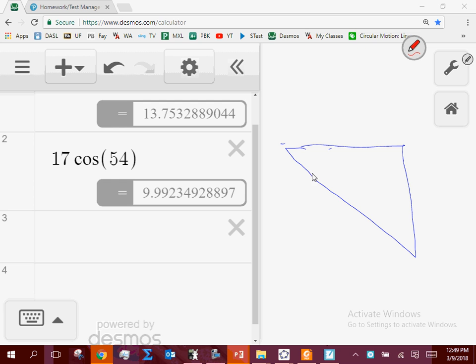If I was dealing with this angle to be 54, this would have been Z. We found this to be 13.753, so I should leave it that way, and I wanted to find Z using that. This would be opposite, and this would be adjacent. Could I say that tangent of 54 is equal to opposite divided by adjacent? Does that make sense, everybody?